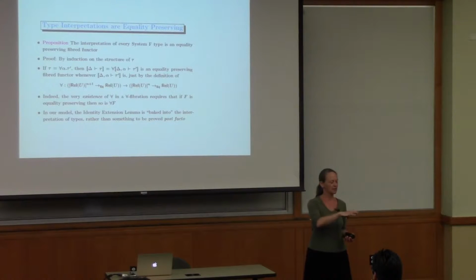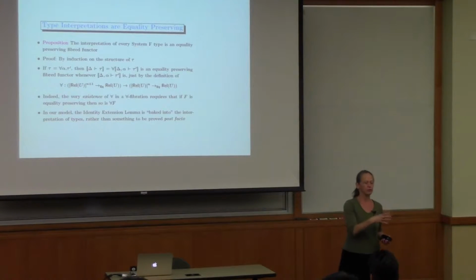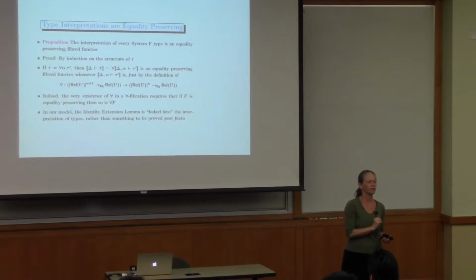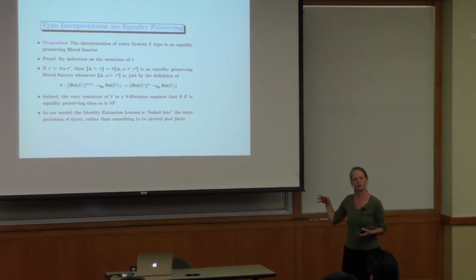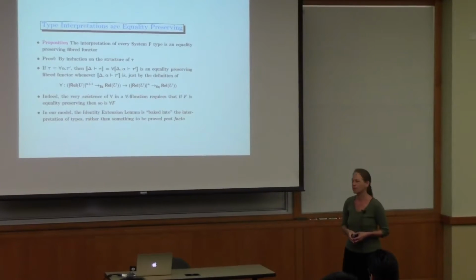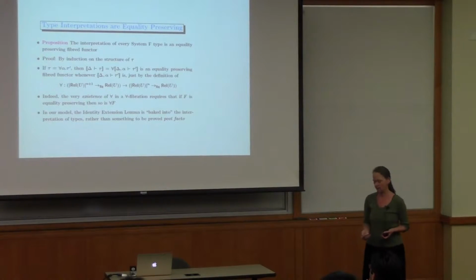And in Reynolds' setting, or in the relations fibration setting, you don't a priori show that you have a for-all fibration, although you do, obviously. You just start defining your interpretations, and then afterwards you say, oh yeah, good, I've got all the structure I need. But here we assume we have the structure we need, and then we show that that's enough to interpret our types and terms. It's just a question of moving the work around a little bit.